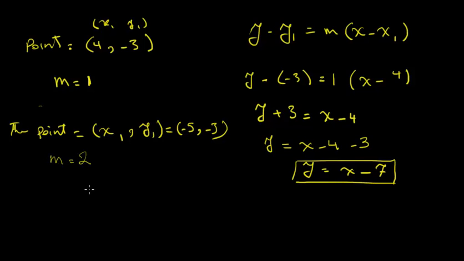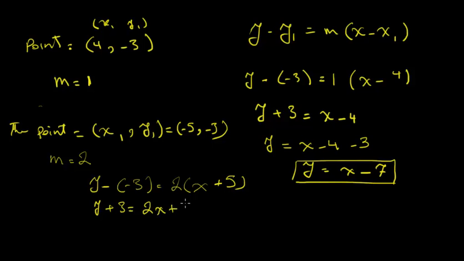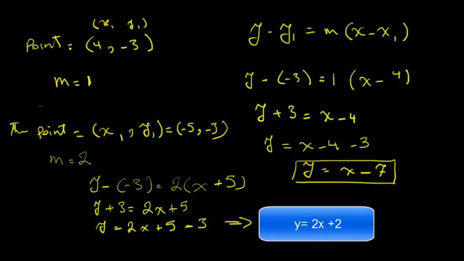So we start with plugging in the numbers, and you'll have y minus -3 equals 2 times x plus 5. y plus 3 equals 2x plus 10. y equals 2x plus 10 minus 3, and y equals 2x plus 7, and this is our equation for this line.